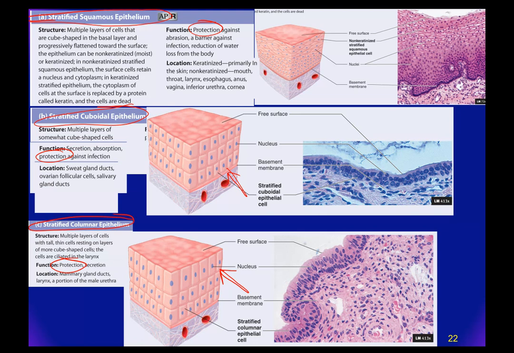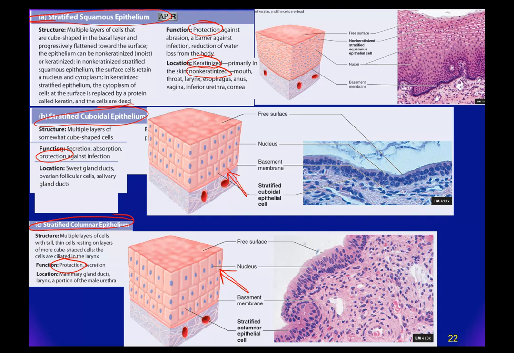When it comes to stratified squamous epithelium, you can have keratinized, which is basically hard, or you can have non-keratinized. The two places I think of stratified squamous epithelium, one of them is always going to be your skin. That's going to be keratinized stratified squamous epithelium. Your skin is dry. Non-keratinized, the best example is the lining of your cheek. And again, both of these things are protective.